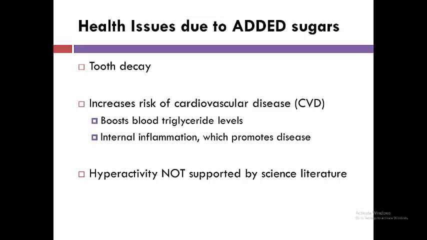Because when you take in a lot of extra sugars, not from plant foods, but from added sugars, sugary drinks, sweets, treats, and so on, then those added sugars are processed in your liver and packaged into these little fat molecules called triglycerides that then float around in your bloodstream and cause damage throughout your blood vessel system, leading to many diseases. Those added sugars are also creating a lot of inflammation.